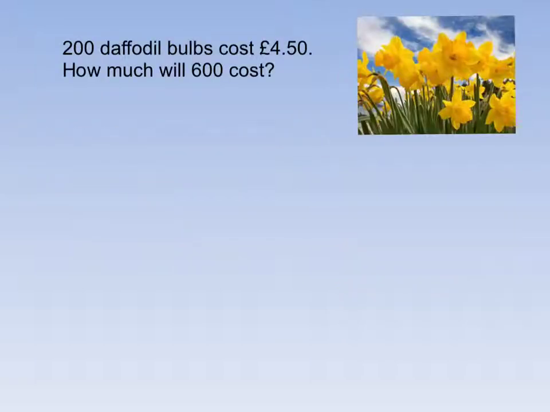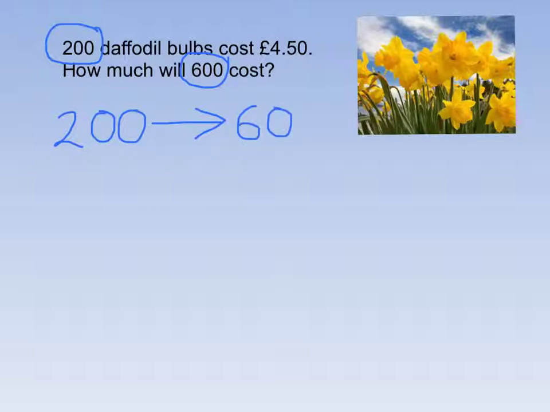In this first example, we're told that 200 daffodil bulbs cost £4.50, and we're asked to work out the cost of 600. Now the first thing that we need to do is to compare these two numbers. So we've got 200 and we know the cost of 200, but actually we want to buy 600.